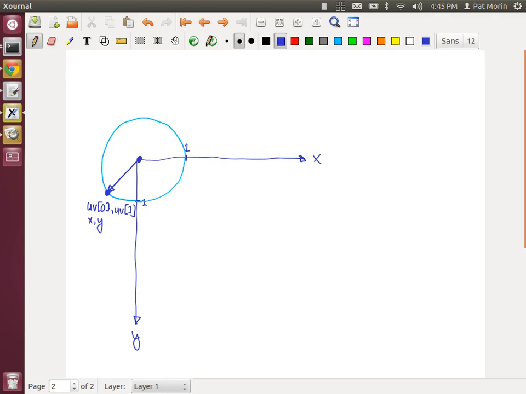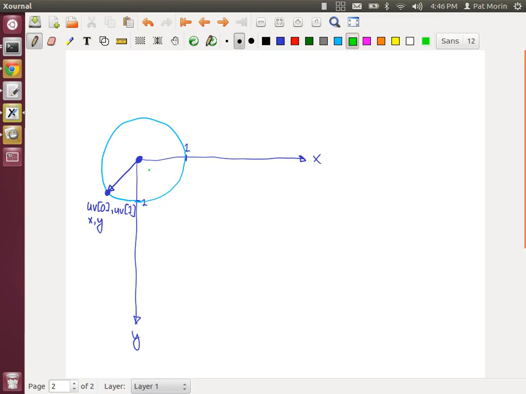And that direction is given by uv at 0, uv at 1. We'll call those things x and y. So a unit vector really is that, right? You can think of it as an arrow that starts on the origin, and it points to a spot on the unit circle, the circle whose radius is 1 centered at the origin. So we have this unit vector. The ant wants to go off in that direction.